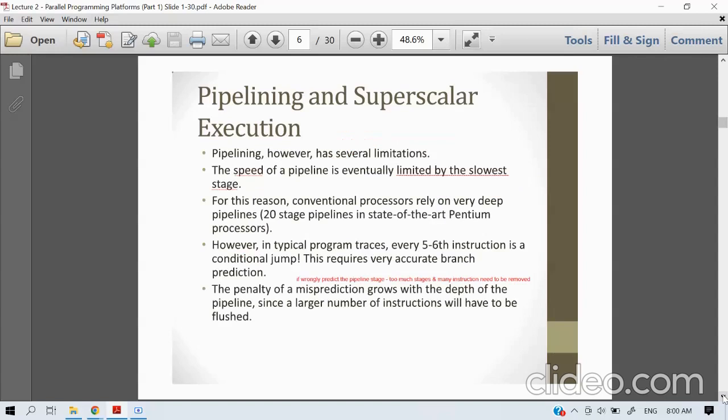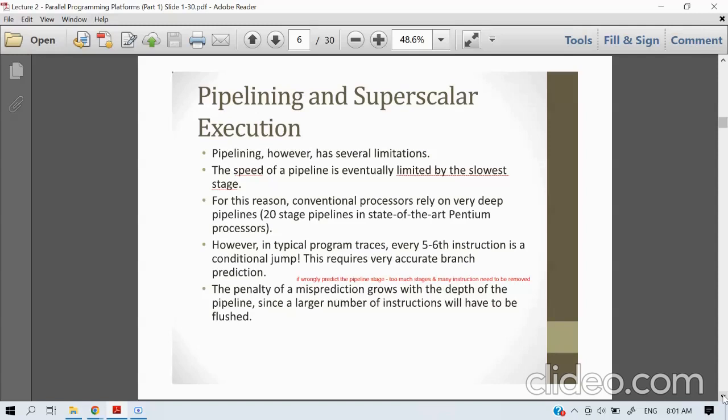Okay, however, pipelining has several limitations. The speed of the pipeline is eventually limited by the slowest stage. As we discussed previously, the pipeline consists of several instructions being executed stage by stage. So if one of the stages has the slowest operation or speed, it will lower the performance of the pipeline operation.